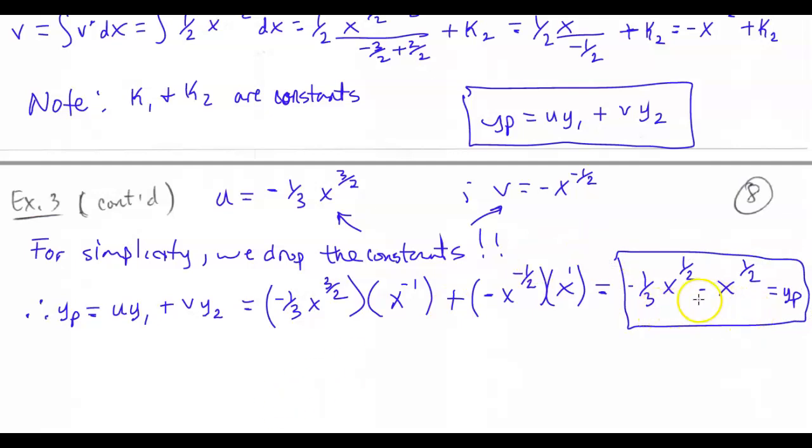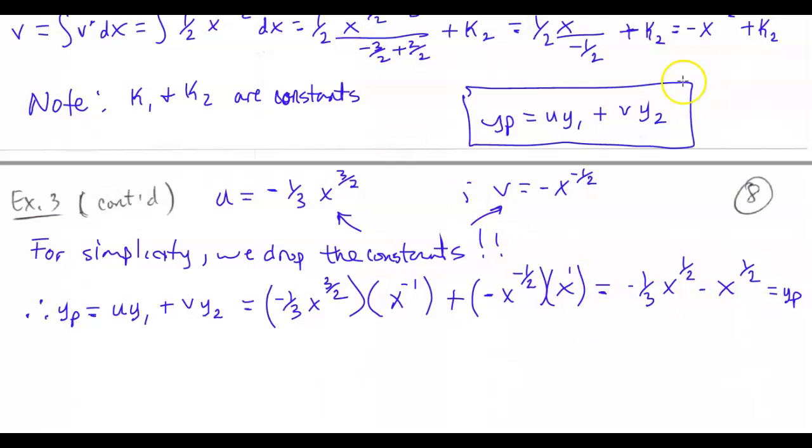All right, in seeing this, note that these two terms are like terms. So since they're like terms, I can actually combine them together here. Instead of just keeping it like this, let's just combine those terms together. And of course, if I have a negative 1/3 and a negative 1, that ends up being a negative 4/3.